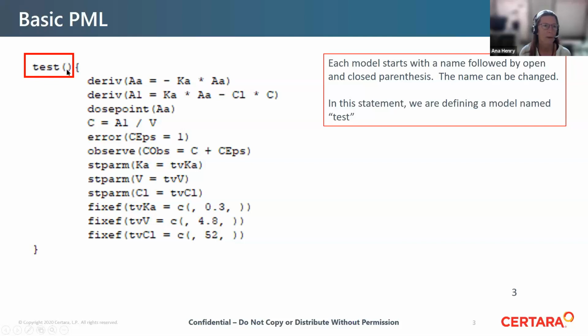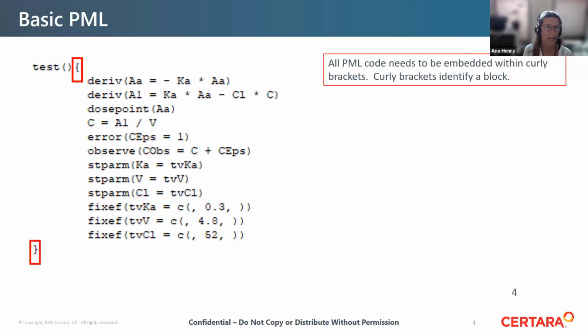And don't worry too much about the parentheses. Those were used to pass arguments if you wanted to run things in batch mode, but in general, they would be empty like that when you're using RsNLME. So we're defining in this case a model that is named test. And then that is followed by the PML code, and the PML code needs to be embedded within curly brackets. These curly brackets identify some type of block within your code.